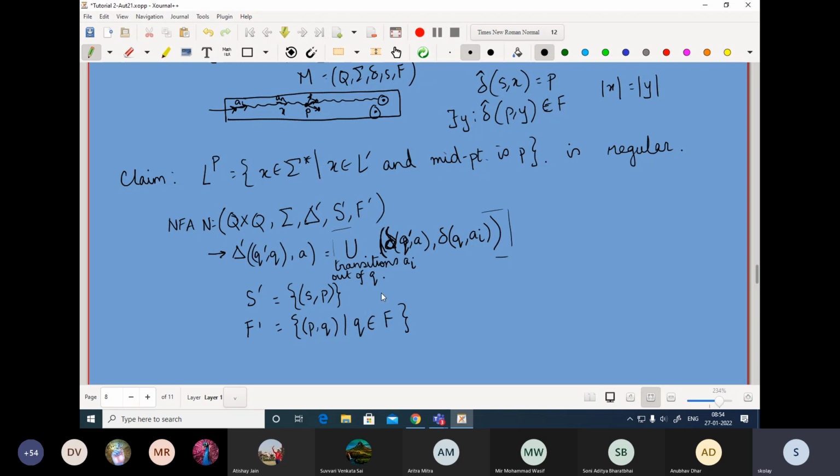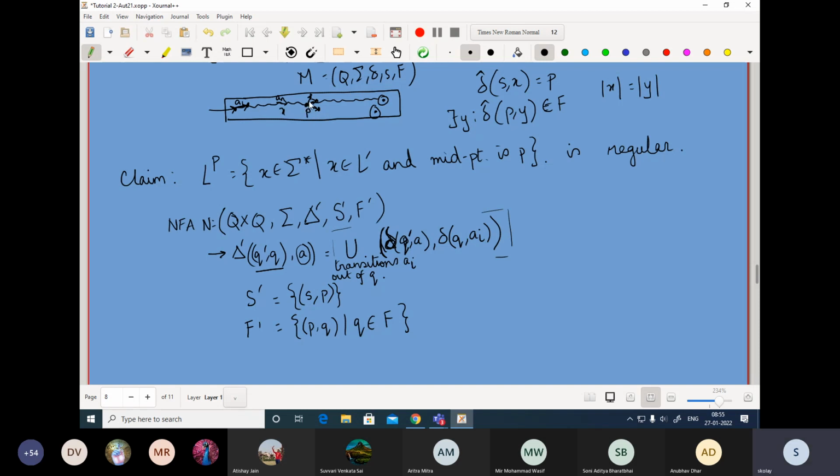This is the set of states that I can reach when I'm reading A and I'm at state Q dash comma Q. Meaning that when I'm reading A, in the first coordinate I have a specific state to go to. In the second coordinate, I have a choice of where I want to go, because I just need to find some path that is of the same length as this path X.